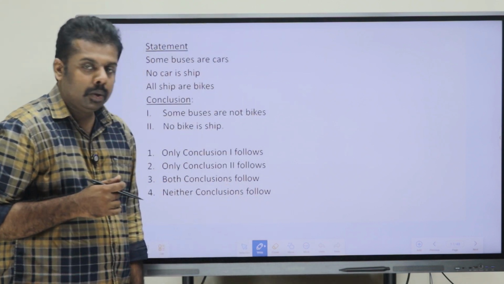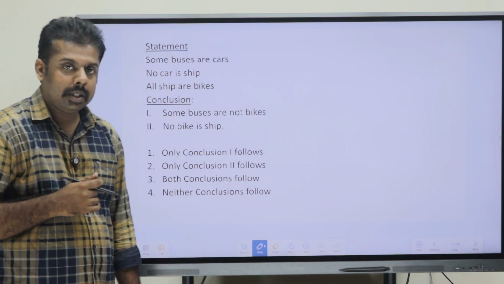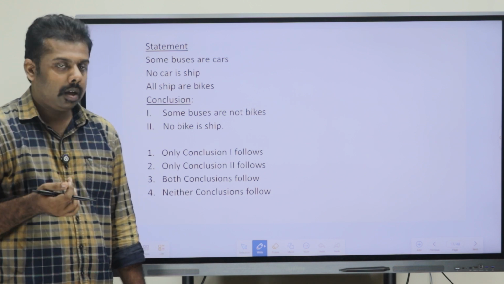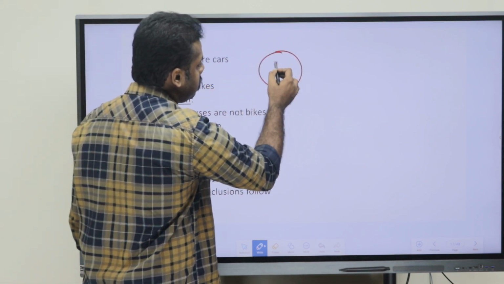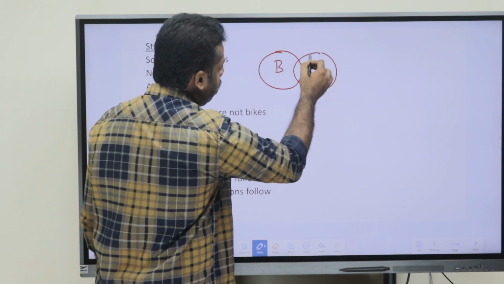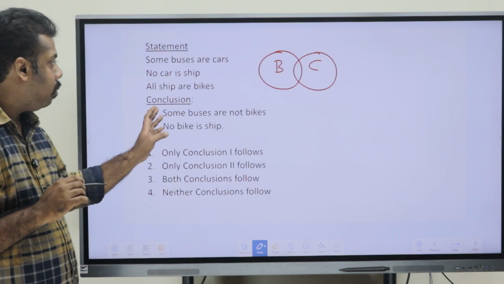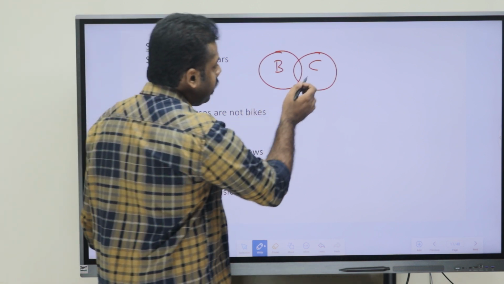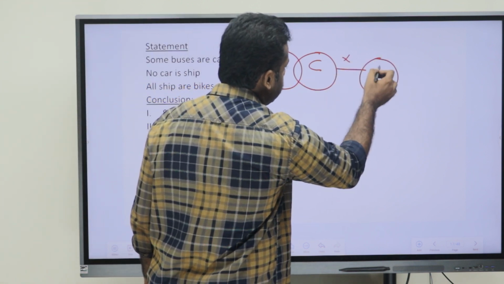Okay. So they have given some statements here. What does the statement say? First statement says that some buses are car. First we can draw it. Some buses are car. Now what does the second statement say? No car is ship. So car and ship have no relation.